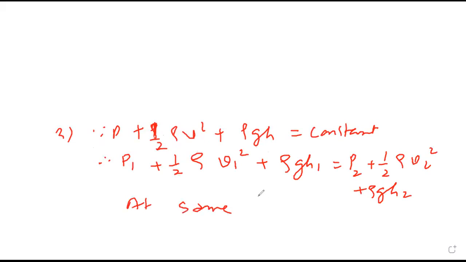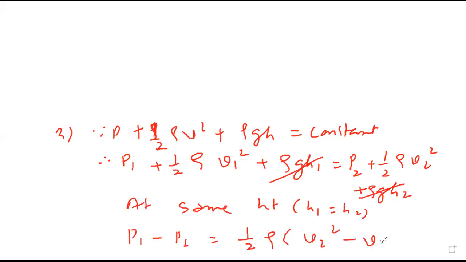At same height, H1 will be H2, so this will get cancelled. So we can say P1 minus P2 is half rho V2 square minus V1 square. That means when pressure reduces, velocity increases. Right.